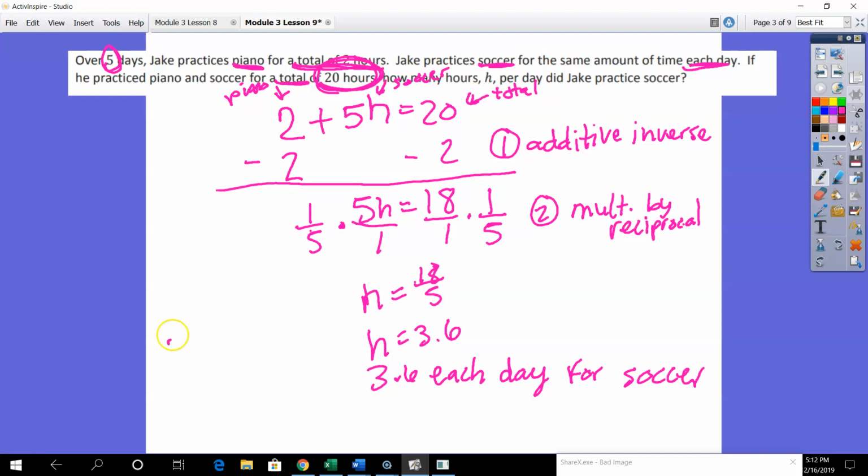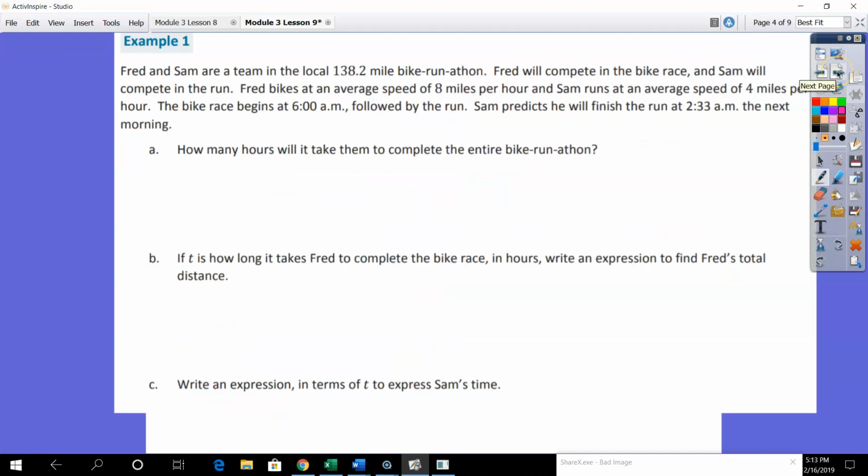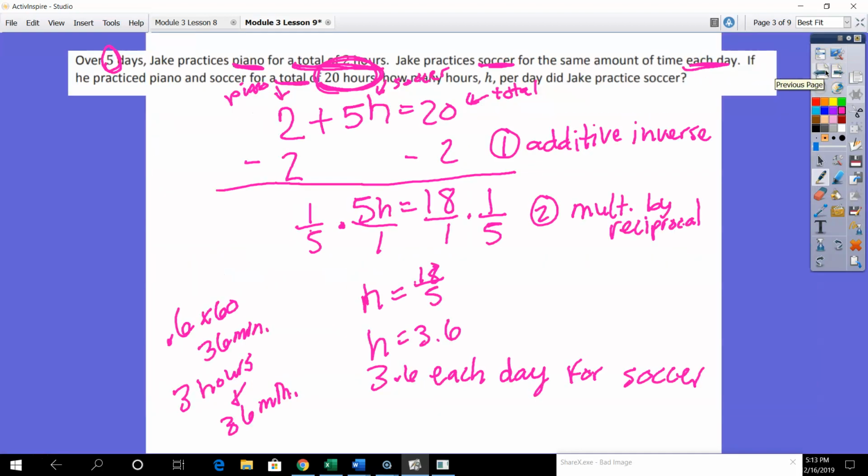So if we multiply 0.6 times the 60 minutes in the hour, we get 36 minutes. So this is 3 hours and 36 minutes. Which makes sense because half would be 30 minutes if it was 0.5. And so it's just a little bit more than half. 0.6 is just a little bit more than 0.5.